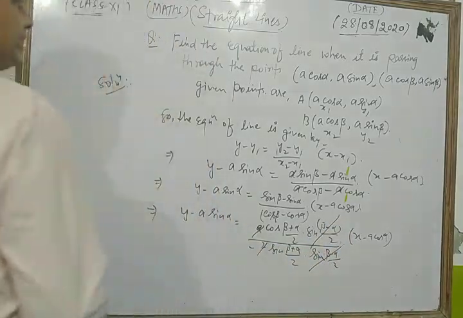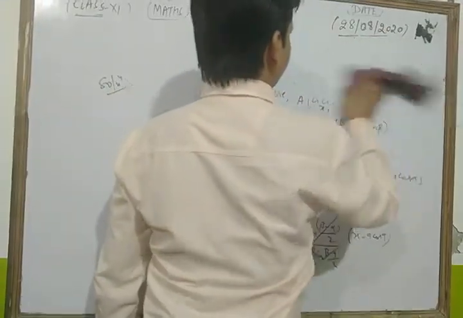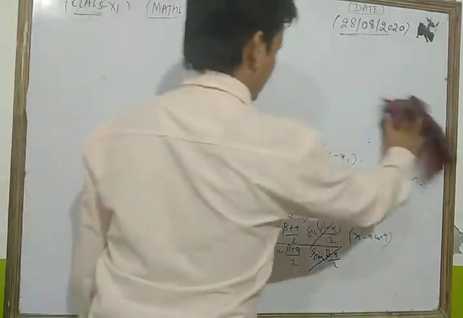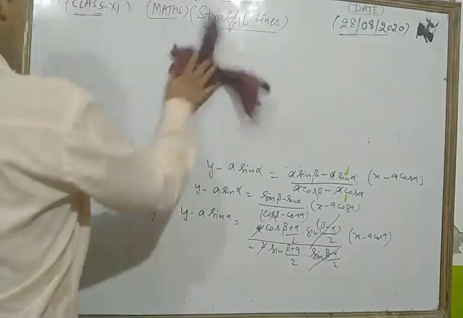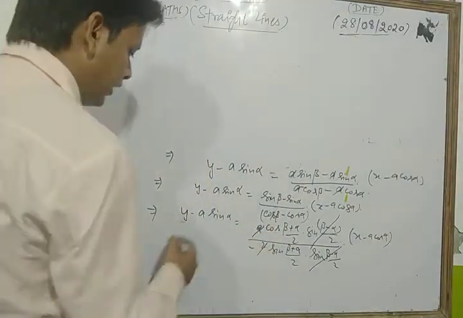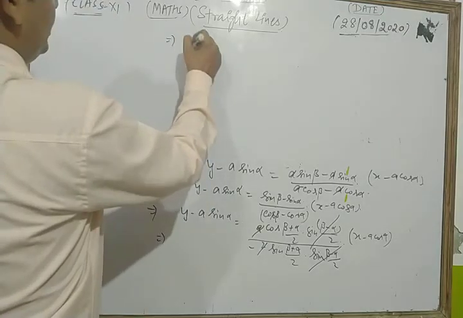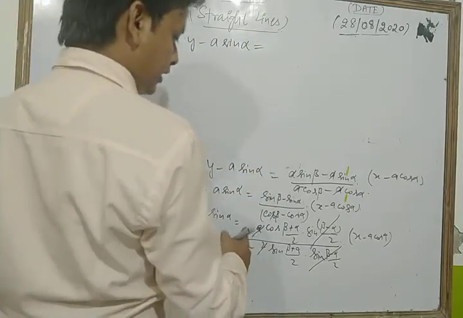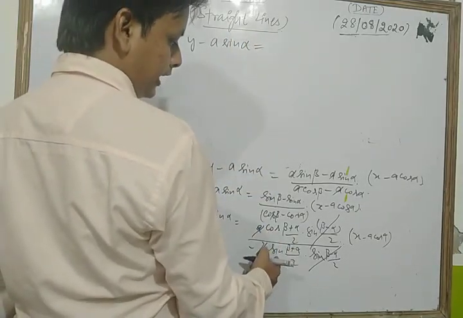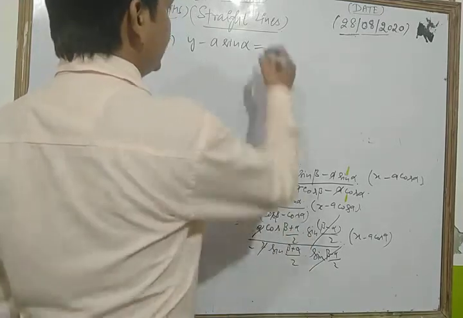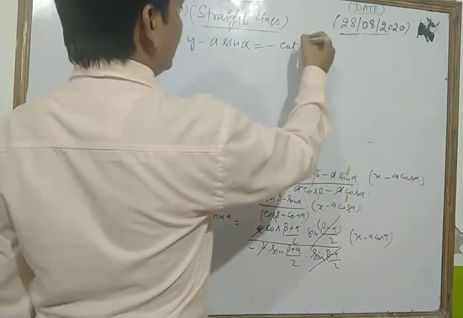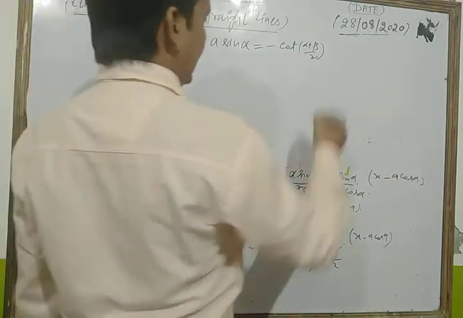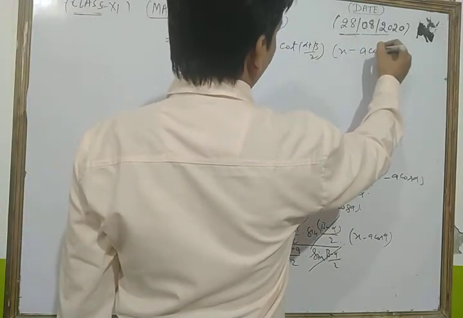Now what I get, let's see, dear students, we are left with y minus a sin alpha is equal to, cos of alpha plus beta upon 2 and upon sin of alpha plus beta upon 2, so we get cot of alpha plus beta upon 2, with the minus sign, minus cot of alpha plus beta upon 2, and in bracket we have x minus a cos alpha.